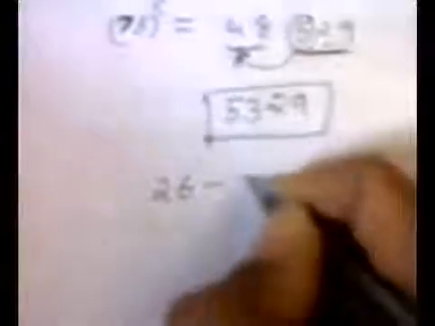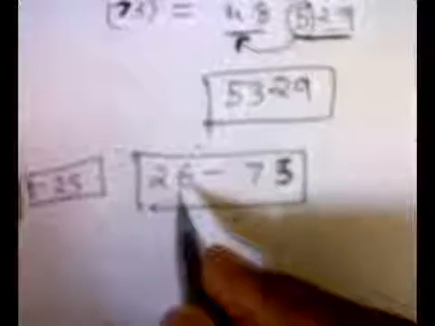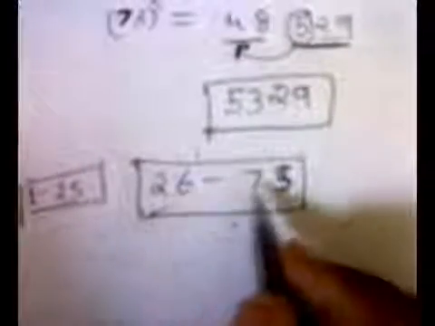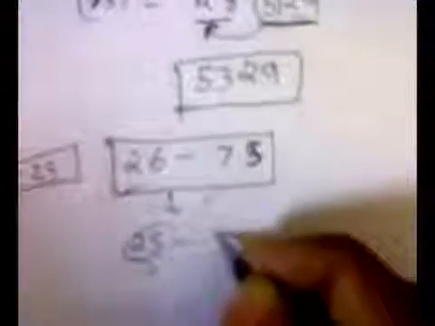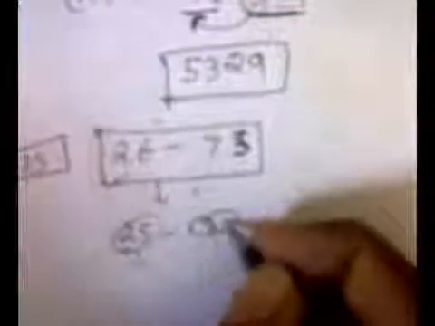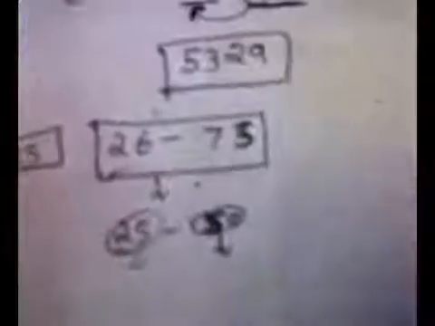Now this method is applicable for the numbers which are between 26 to 75. We know already 1 to 25 squares. Now we have found a way to calculate squares of numbers which are between 26 to 75, in which we took the base as 25 for the first two digits, and for the second half we take the base as 50, correct.